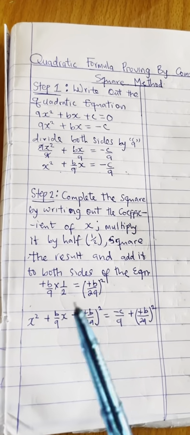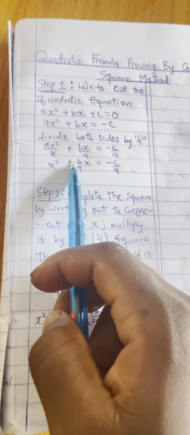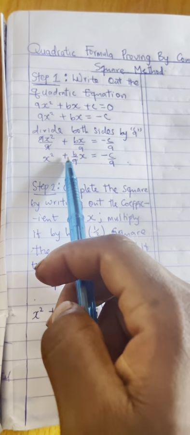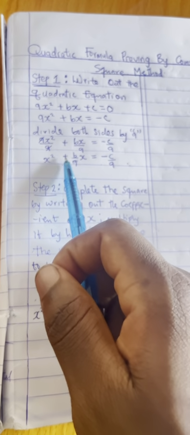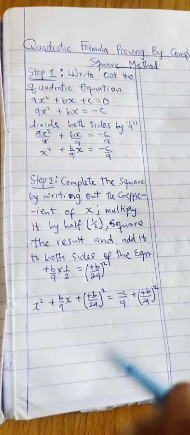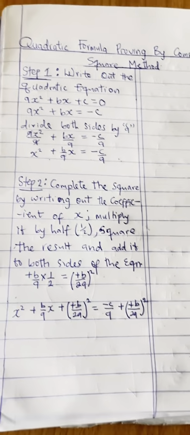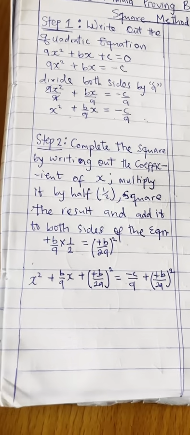The reason why I am putting the plus here is because in some contexts the coefficient might be minus, so you have to be careful of the sign.